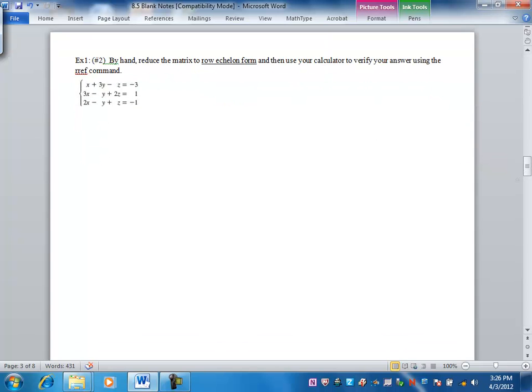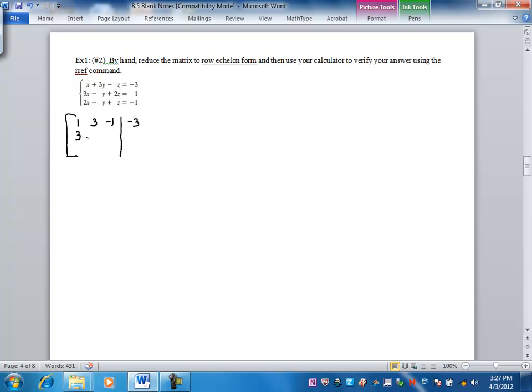It says by hand reduce the matrix to row echelon form, and then use your calculator to verify your answer using this RREF command that I will show you in a minute. What we need to do, guys, is write the augmented matrix, pulling the coefficients here: 1, 3, -1, bar, -3.